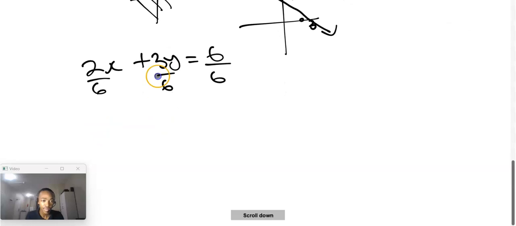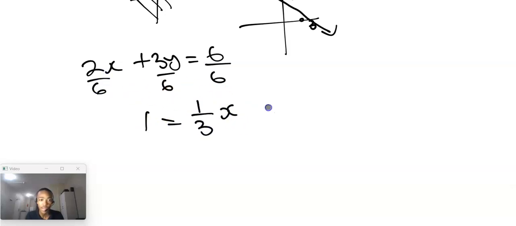This here will be 1, and this here is 1 over 3 x, and then here will be 1 over 2 y.